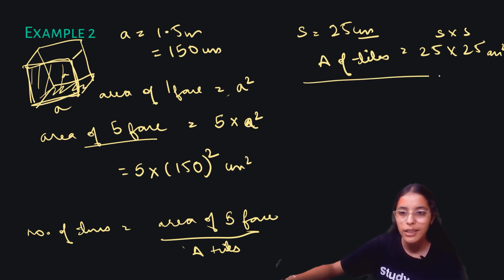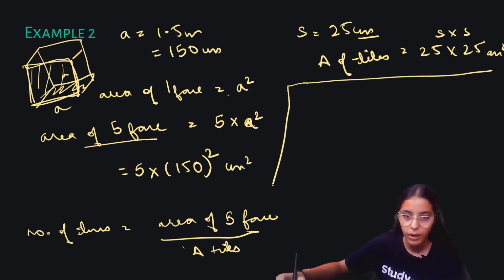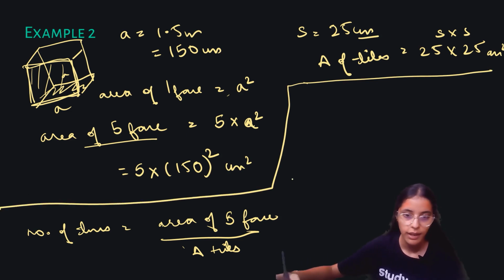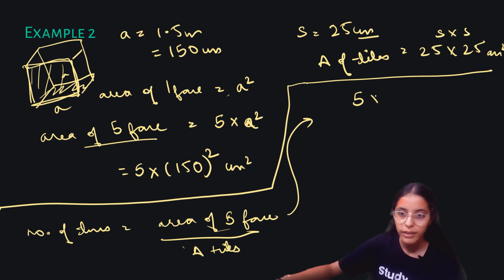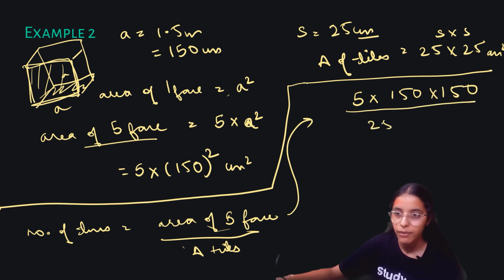Now putting these values in our formula, we have the area of 5 faces, that is 5 into 150 into 150. I've just opened up the square, and we have 25 into 25. So this cuts by 5, this is 5, 5. Then we have 30 over here. Then we have 25, which is cut by 5.